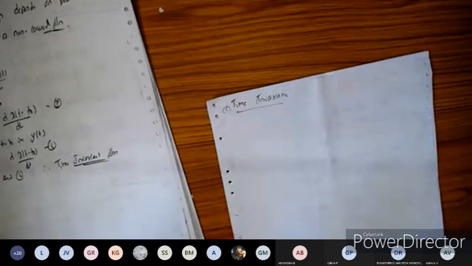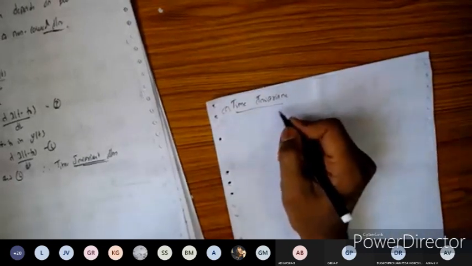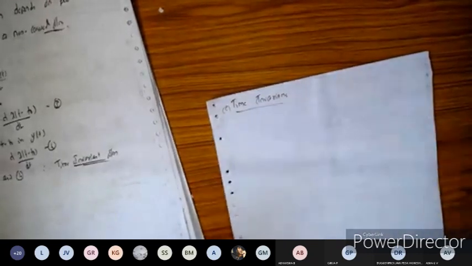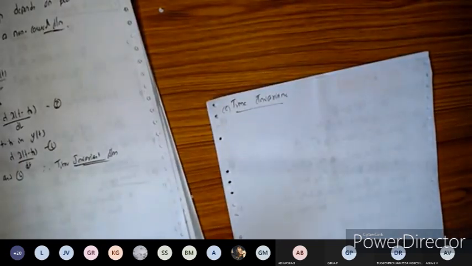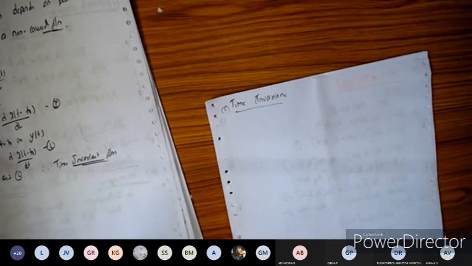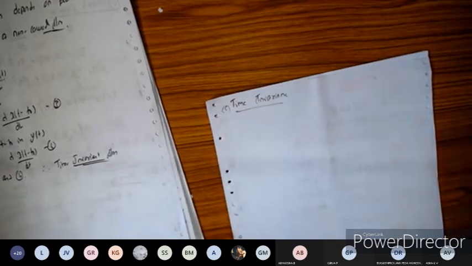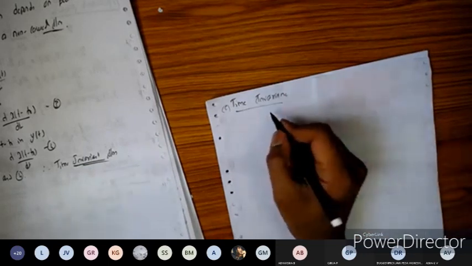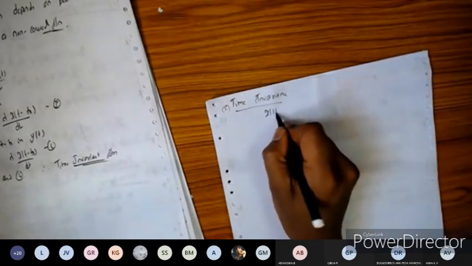Check this one. Time invariance. It's a time invariant system, so what we should do is replace x of t by x of t minus t naught.